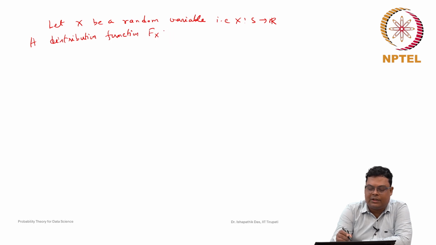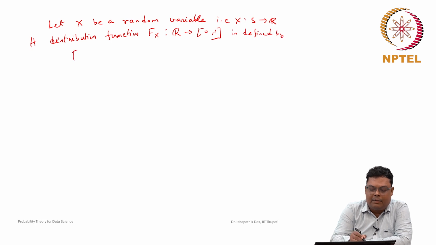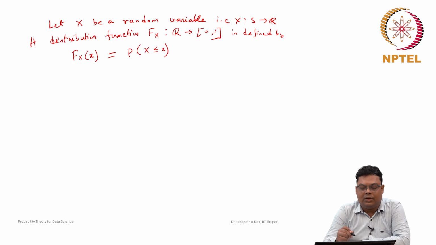This distribution function is defined for any real number x, and its values lie inside 0 to 1. It is defined by F of x, for any real number x, equal to the probability that X is less than or equal to x.